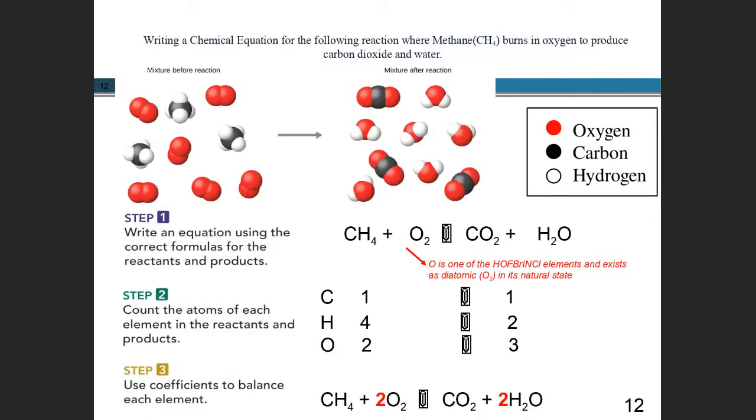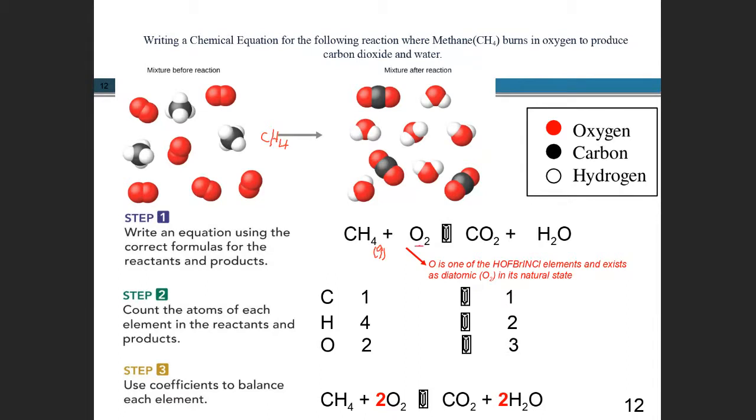This is the reaction between oxygen and methane. This one is C, and we have 4 hydrogen, so that's methane, which is a gas. And also this is O2, which is oxygen.